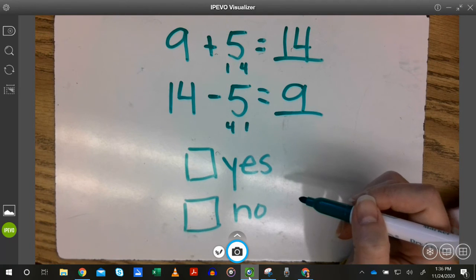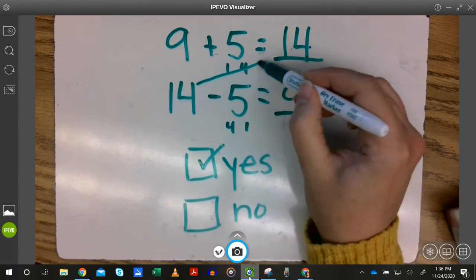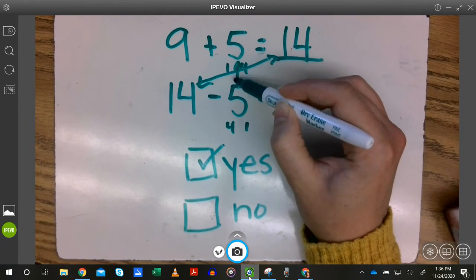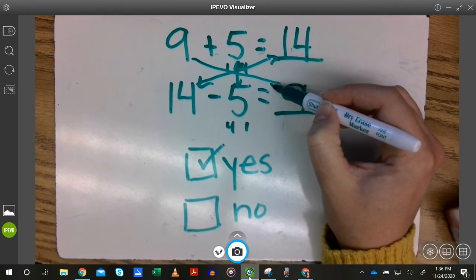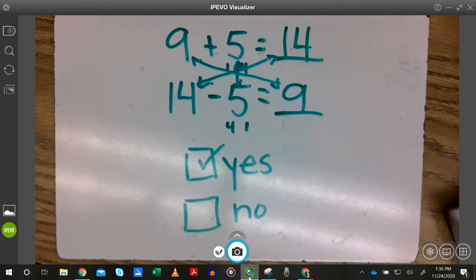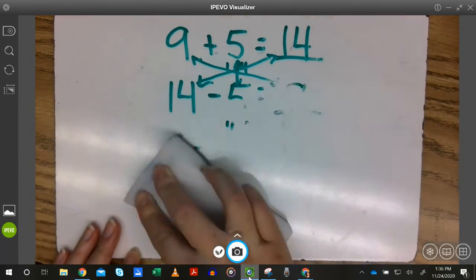Again, I ask, are they related? Yes, we can see the whole on both of these is 14. The parts are 5 and 9. So it has the same parts and the same whole. So these are related facts.